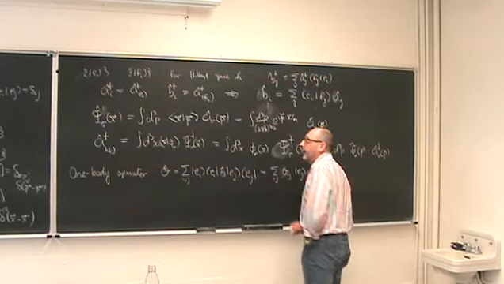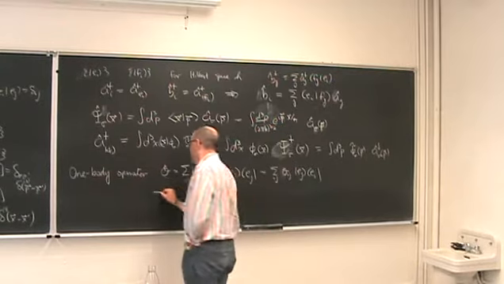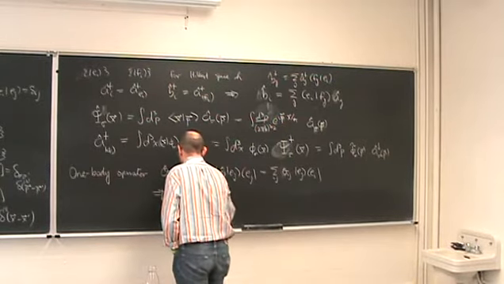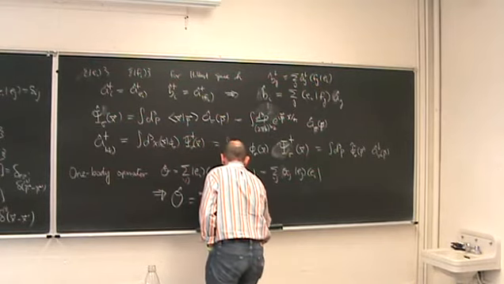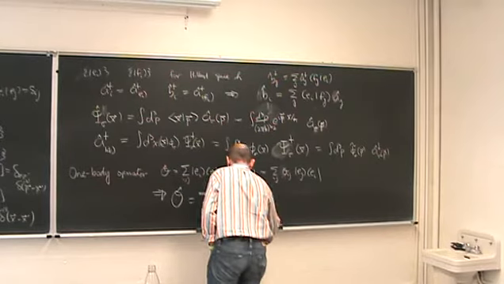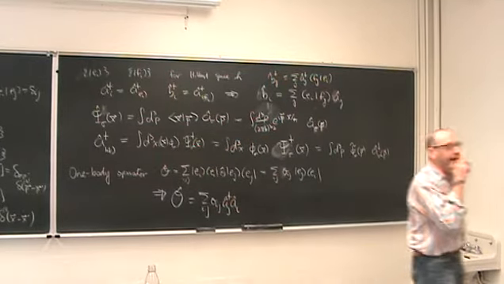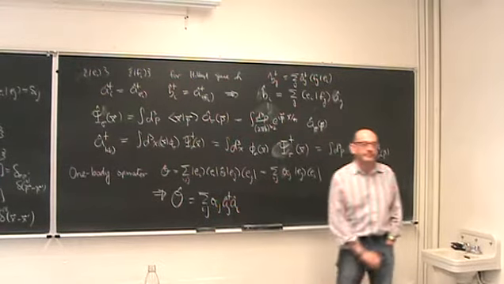And once I do that, I promote it to the Fock space. So on the Fock space, this operator has this form, right? It annihilates a particle in I and creates it in J.